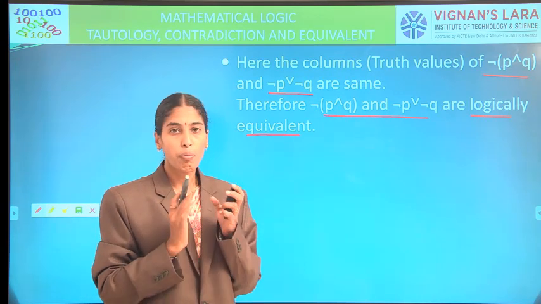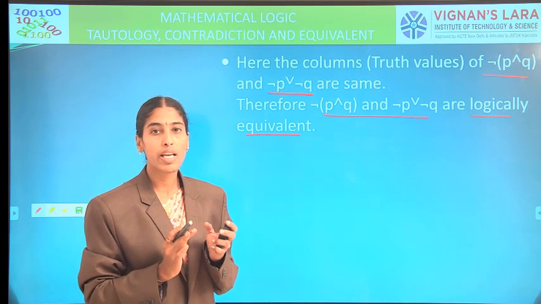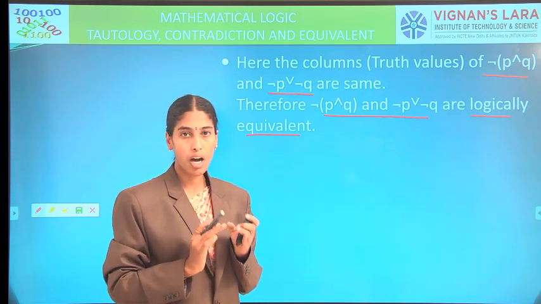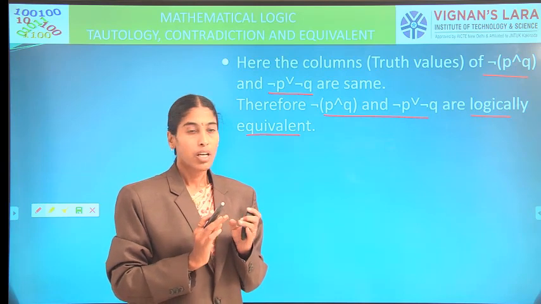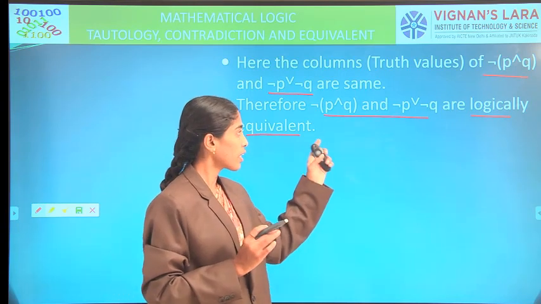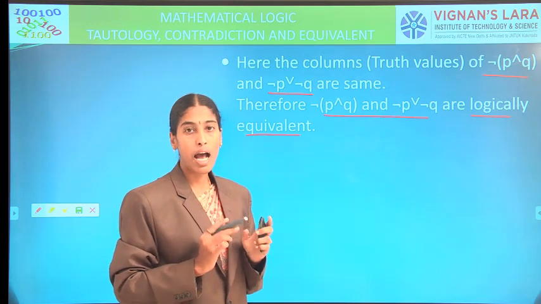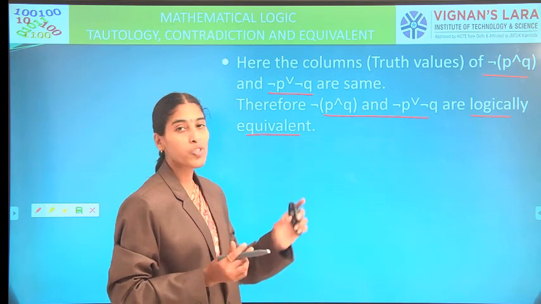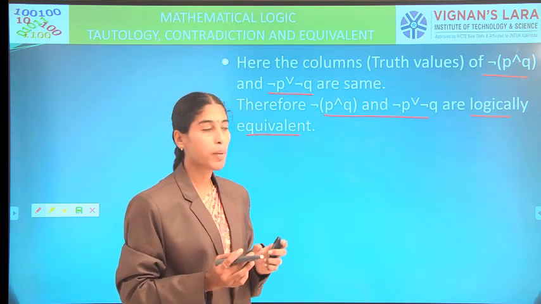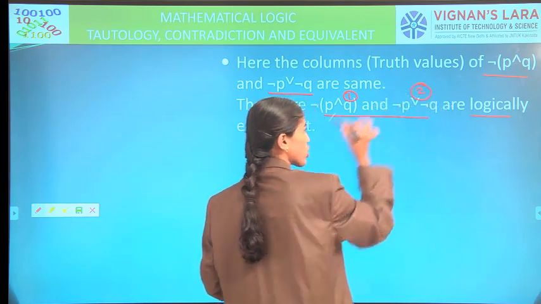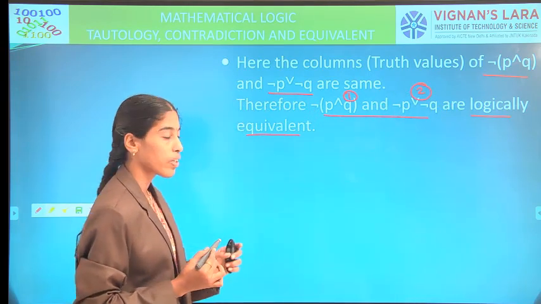If both propositions have identical truth tables, or otherwise the two propositions have the same truth value. So here both propositions have identical truth tables. Therefore, the first proposition and the second proposition are logically equivalent. Right.